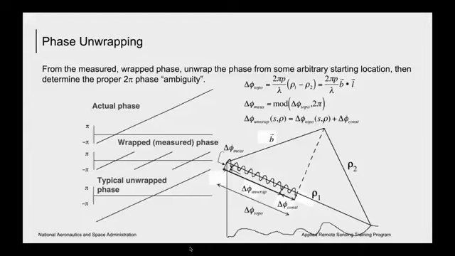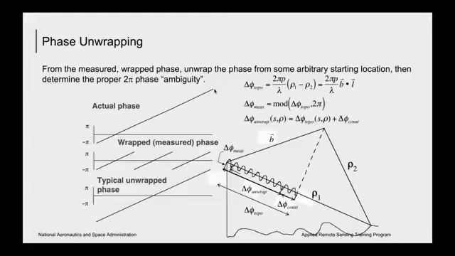So one of the other key issues in making interferometric measurements is that we would like to have the actual phase difference. But in the nature of interferometry, we can only measure phase modulo 2 pi, or 1 cycle of phase.